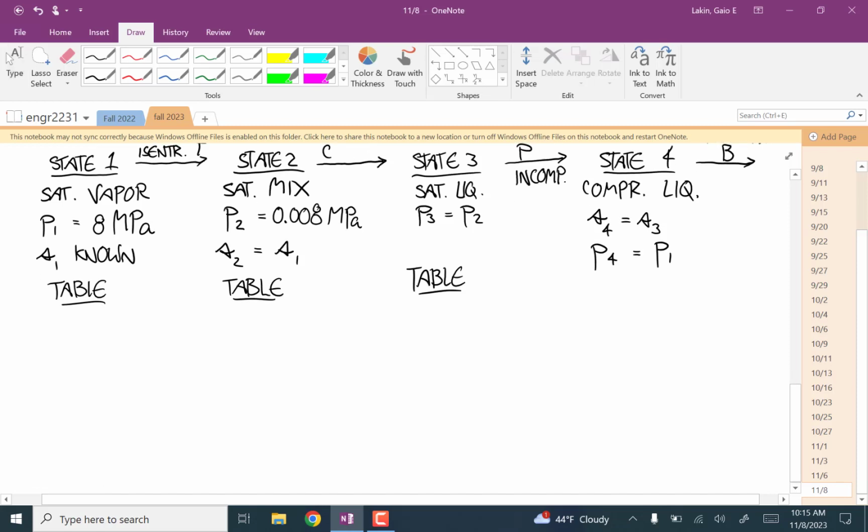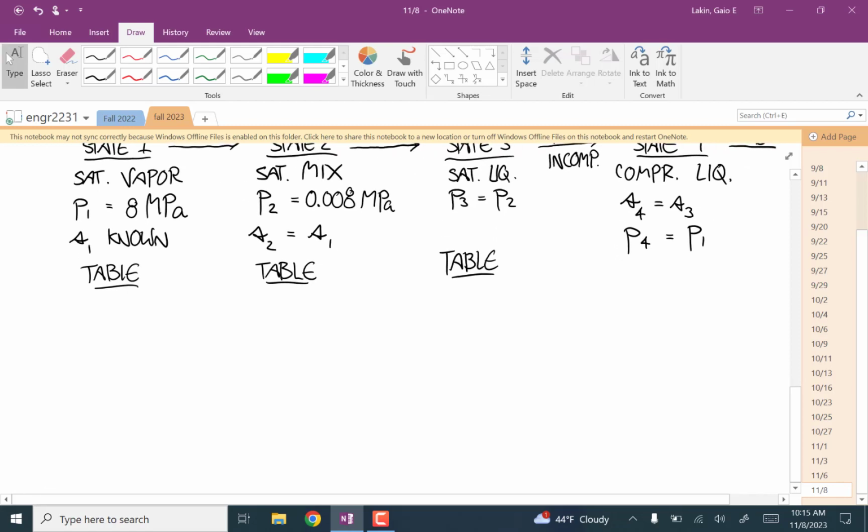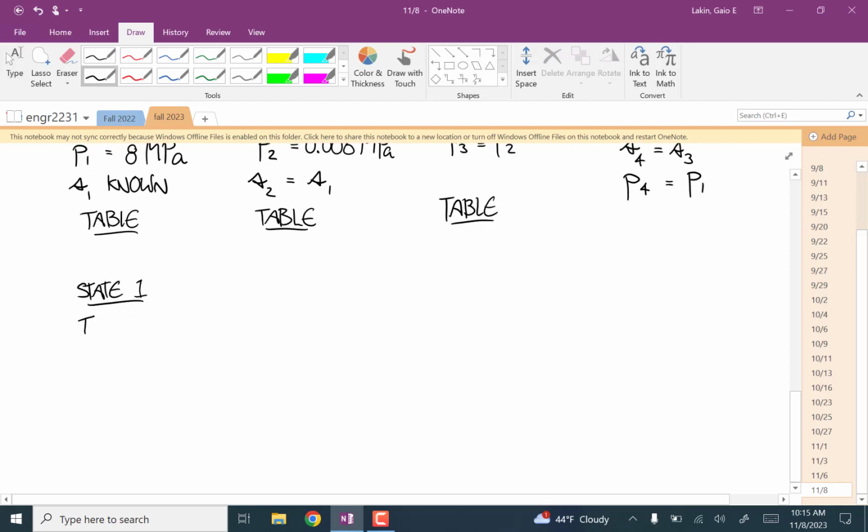Okay, so at state 1, you can just use the table for a saturated vapor. And you get that H1 is equal to 2758 times 10 to the third joules per kilogram.